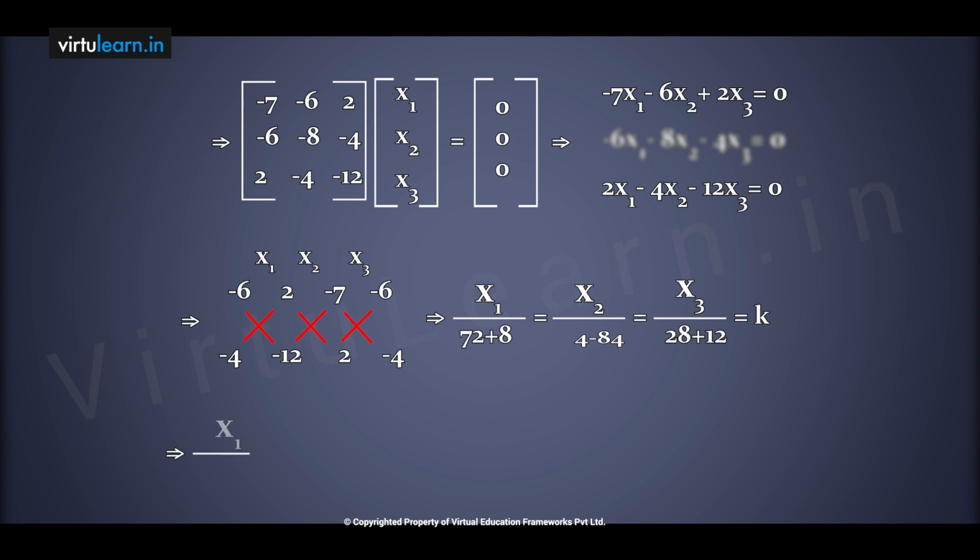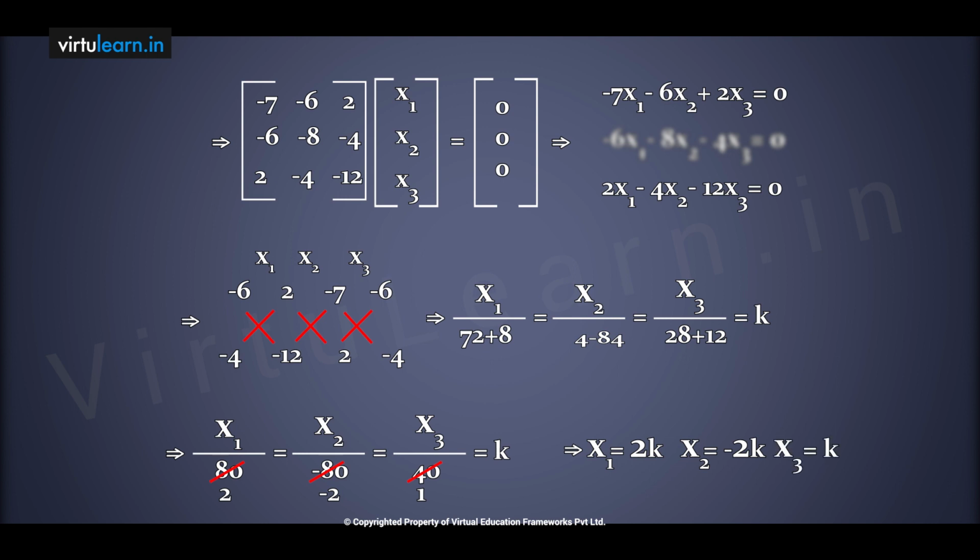Therefore x1 by 80 equals x2 by minus 80, x3 by 40 equals k. Minimize the numbers, 40 twos are 80, 40 into minus 2 is minus 80, 40 ones are 40. x1 equal to 2k, x2 equal to minus 2k and x3 equal to k.